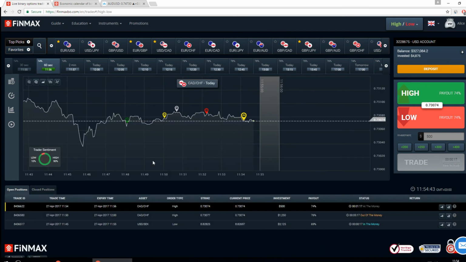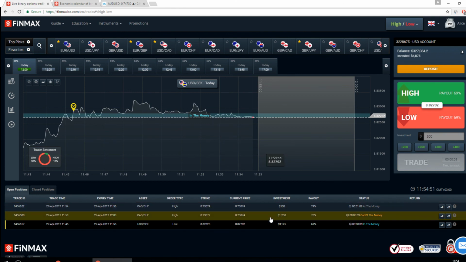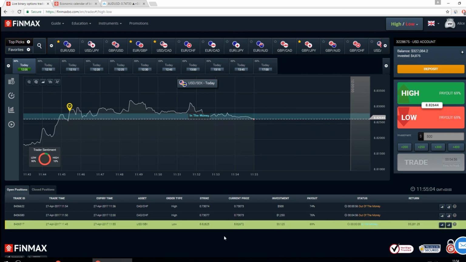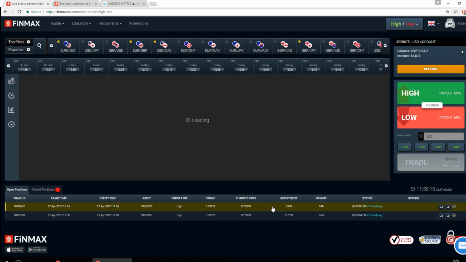I forgot to cross out euro to Australian dollar, which expired also in the money. American to Swedish krona also. I covered it.